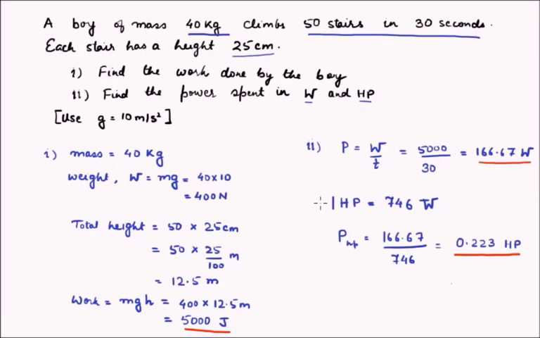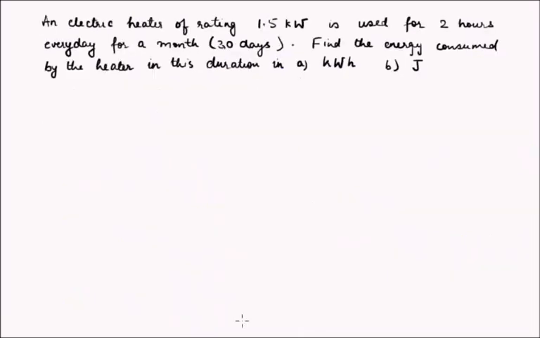Now let us do a final example. The last numerical that we are going to discuss today says that an electric heater of rating 1.5 kilowatt, so the power rating of the electric heater is 1.5 kilowatt, is used 2 hours every day for a month, and the month is assumed to be 30 days long.